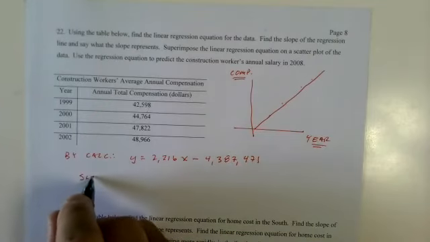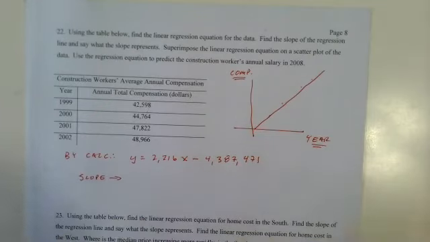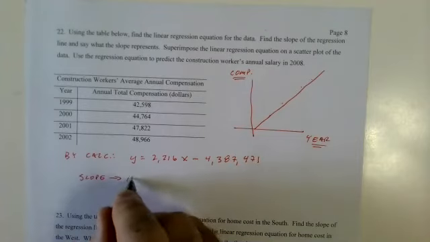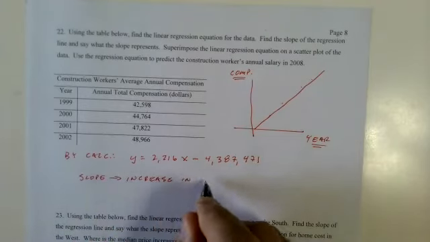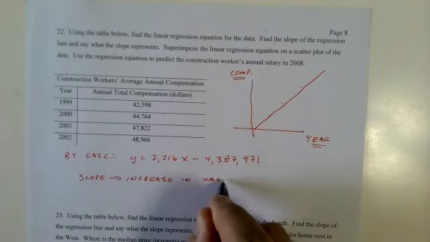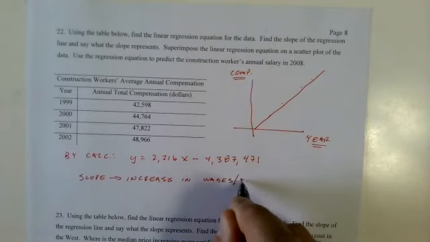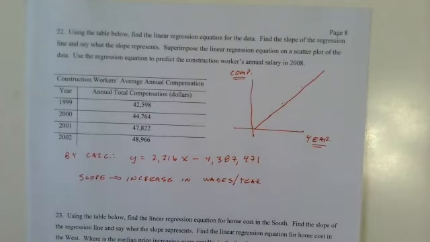So the slope is, and this is a very common question, the increase in wages per year. They ask you all the time, what does the slope mean? They do this all the time.